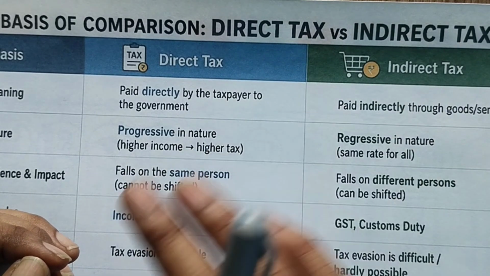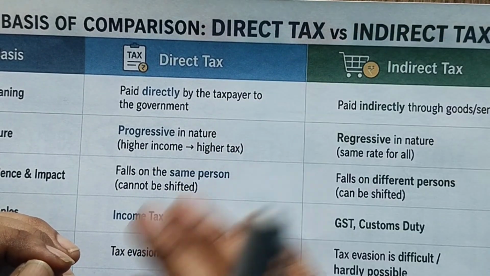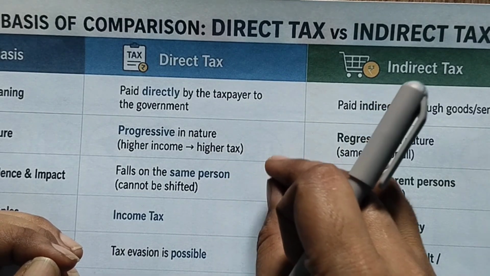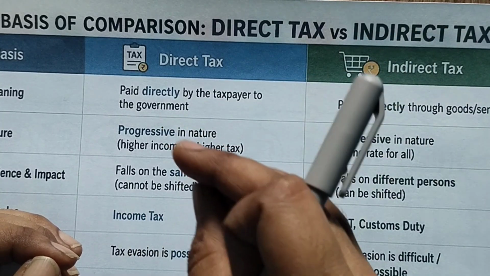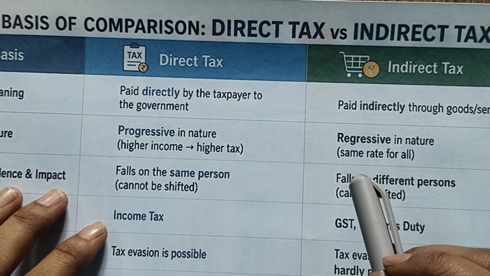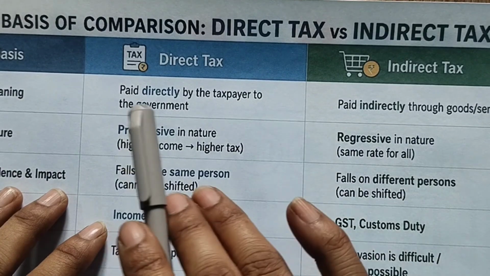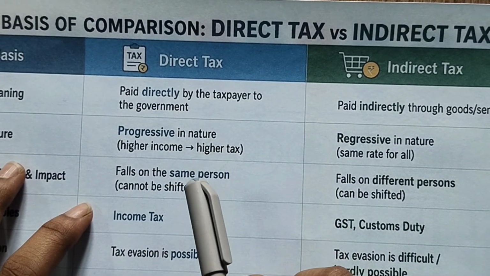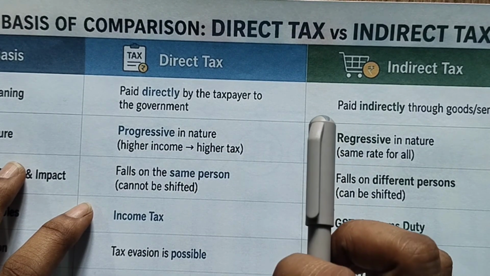If you take 118 rupees, 100 rupees he has kept in his pocket and 18 rupees he paid to the government. The final consumer is bearing the tax and he paid tax to the shopkeeper, and the shopkeeper deposited the tax amount to the government. So that is why it is indirect. It is indirect on goods and services. Majorly, in the direct tax, we have income tax. In indirect tax, we have GST and custom duty.